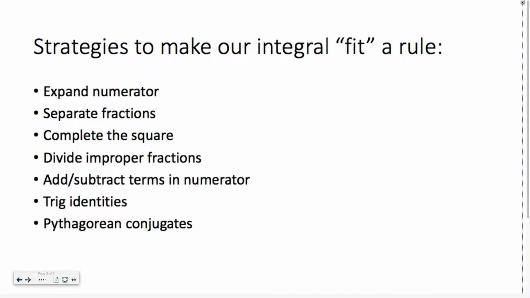Yesterday we talked about dividing improper fractions. We have trig identities that we love. And we'll talk about when we have those trig identities, or we could have them, multiplying by a Pythagorean conjugate.